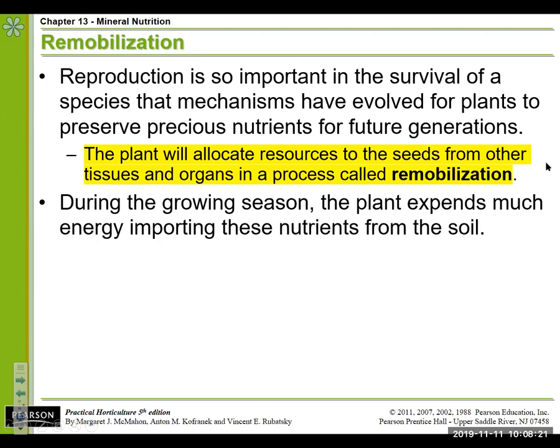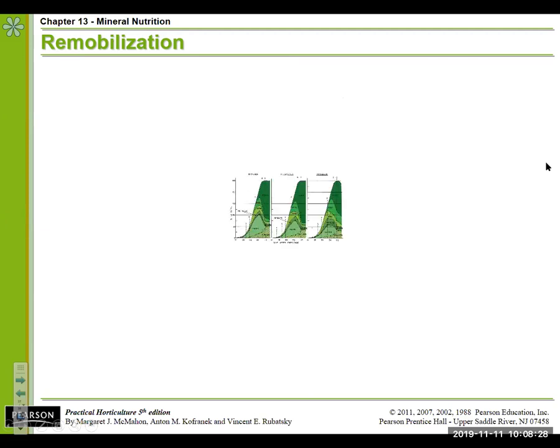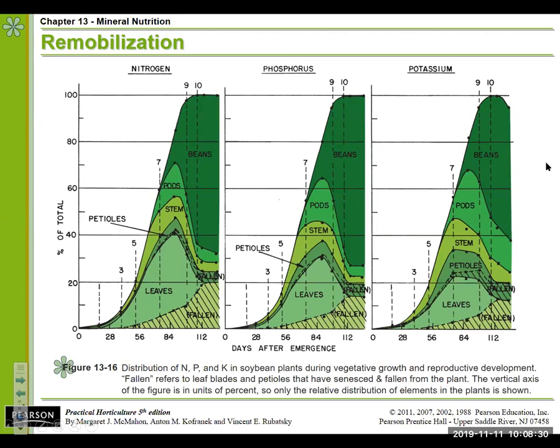In doing so, the plants are moving them, if they're mobile nutrients, from older tissues to newer growth. Here are some charts looking at the remobilization of the nutrients throughout the life cycle of the plant. Notice as you move later on, more of those nutrients are being moved from just leaf production into stem and pod production into actual seeds themselves.